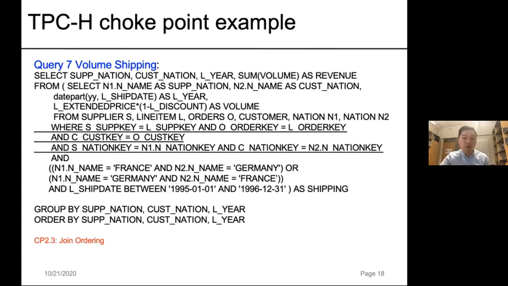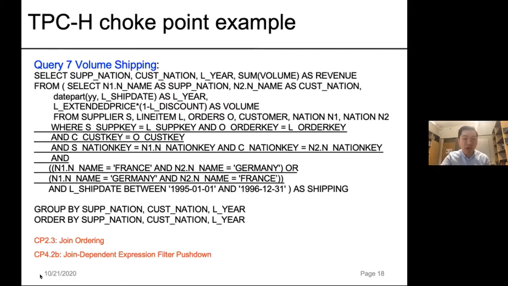In addition, the second choke point is 4.2b, which is about the join-dependent expression filter push down. So this means TPC-H rewards optimizers that can analyze complex join conditions that cannot be pushed down into the join.